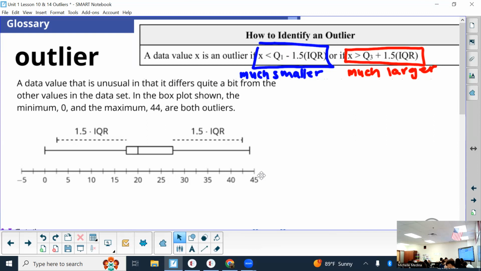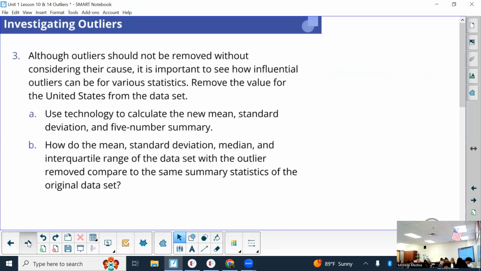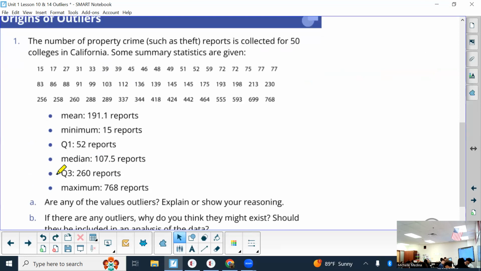Okay, I'm gonna direct you in your notes to the part that says origins of outliers. So find where it says origins of outliers, and you're gonna use this to do that problem essentially. I'm gonna switch to that problem here now. The number of property crimes such as theft reports is collected for 50 colleges in California. Some summary statistics are given. So they already found the mean for you and your 5 number summaries.